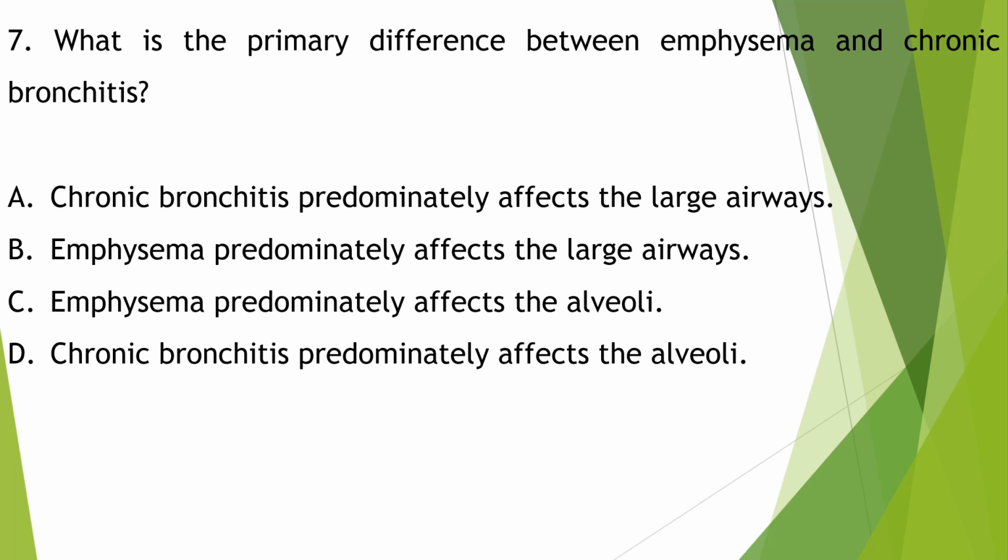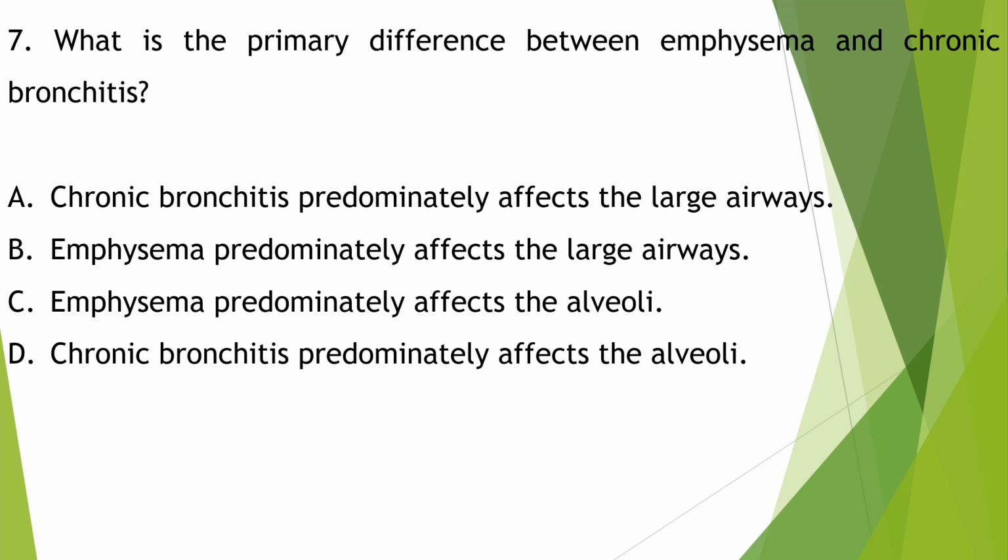So, this chronic obstructive pulmonary disease, COPD, is composed of two diseases. One is emphysema and the other one is chronic bronchitis. There is some difference between emphysema and chronic bronchitis. Emphysema is a disease caused by the destruction of the alveoli.